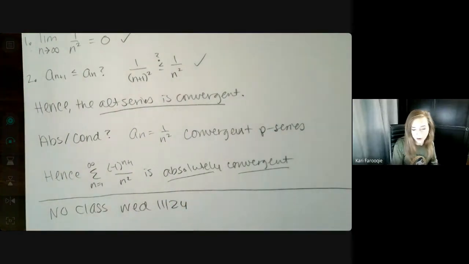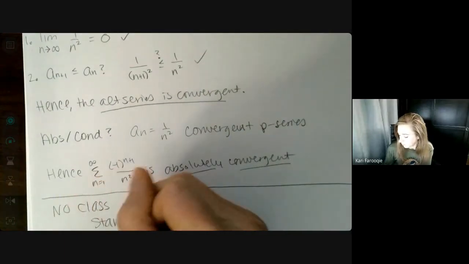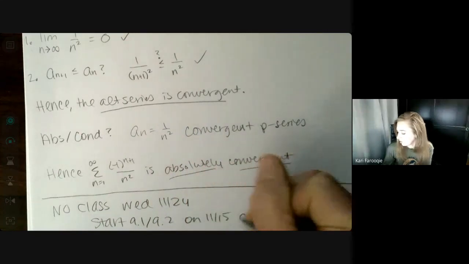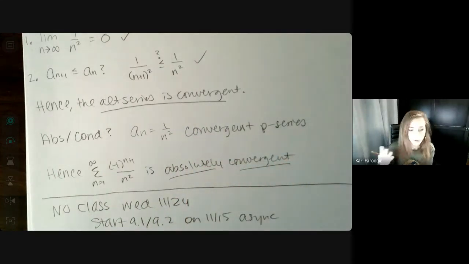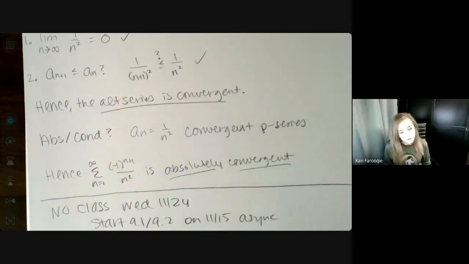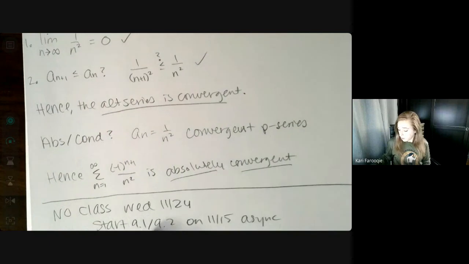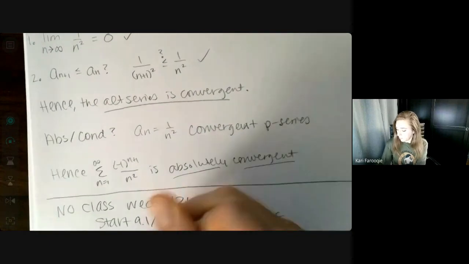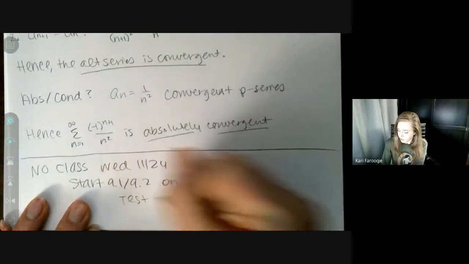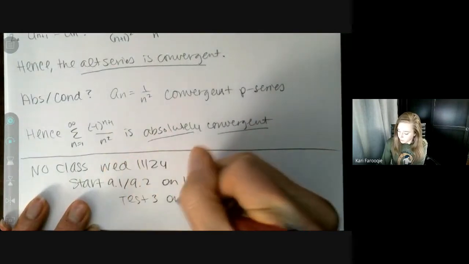So I'm going to start chapter 9 on the 15th, 9.1, 9.2 on 11/15 async, which will of course be delivered to you prior to 11/15. So you'll have it before your test, but I don't know what else to tell you. It's not that hard. 9.1, 9.2, pretty straightforward.